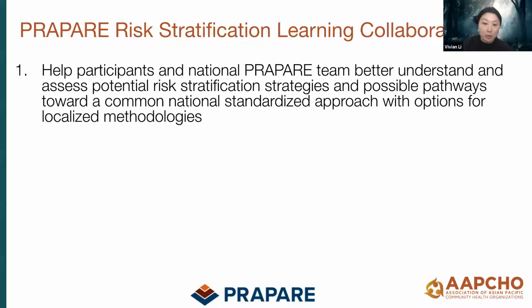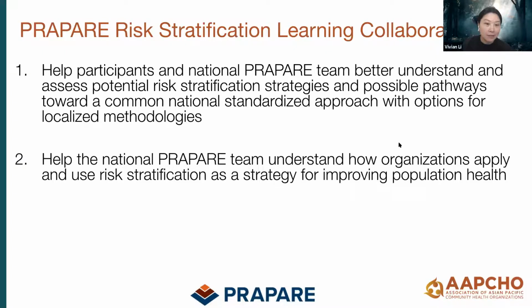We also explored the development of a common national standardized risk stratification model with options for localized methodologies, building off the participants' existing strategies. We saw this as an important process to incorporate the community voice for community stakeholders to weigh in on what is most important in predicting risk for their patients as community health centers serve the most underserved and complex patients in the nation.